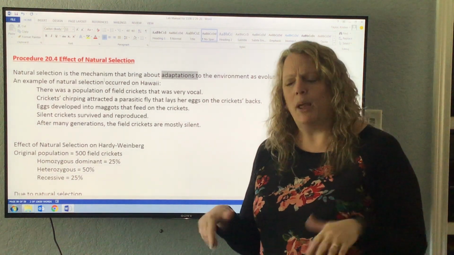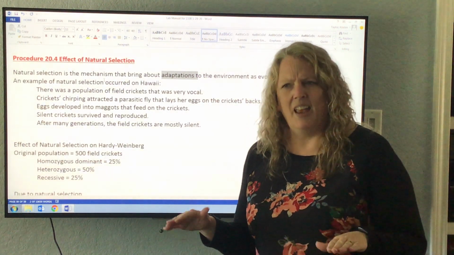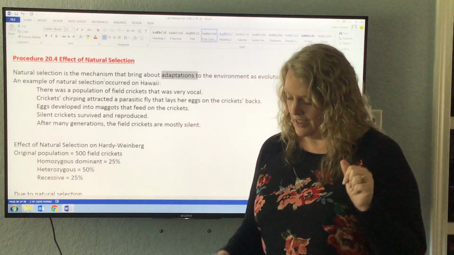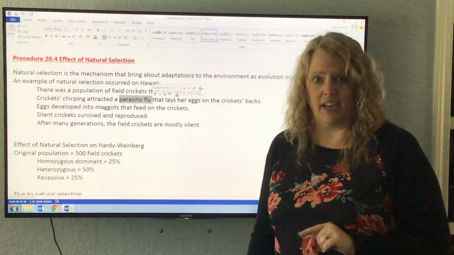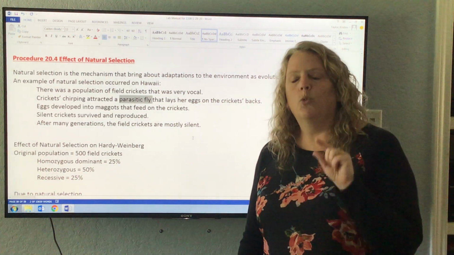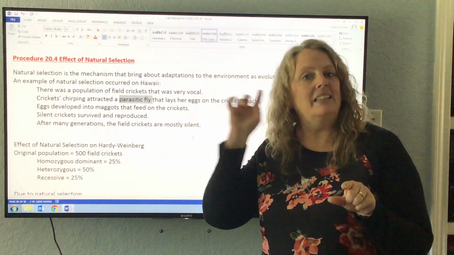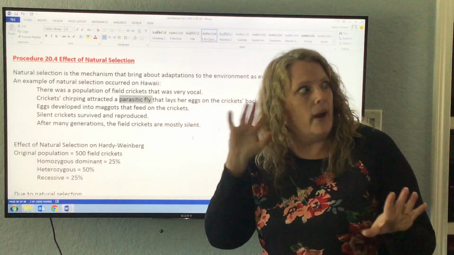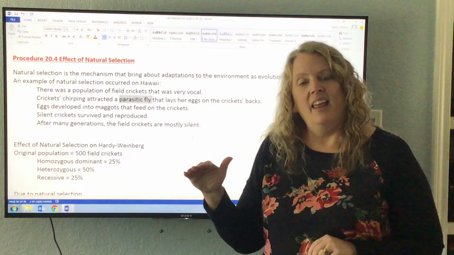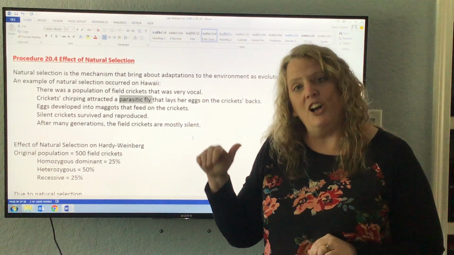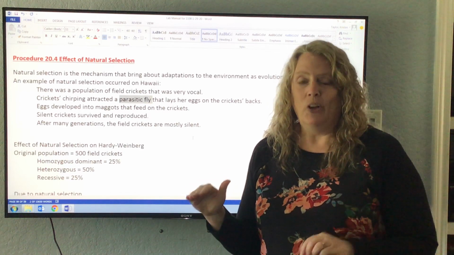So why would a percentage of crickets be born not able to chirp? And how would that be an adaptation? Here's the problem: there is a fly that's a parasite. These flies will find those crickets by listening to their chirping. They land on the back of the cricket and lay their egg under its exoskeleton.